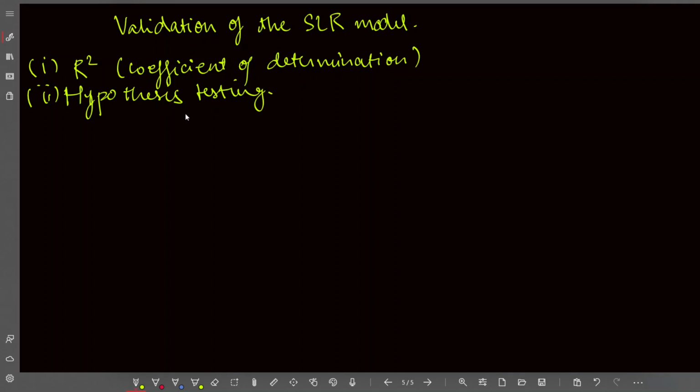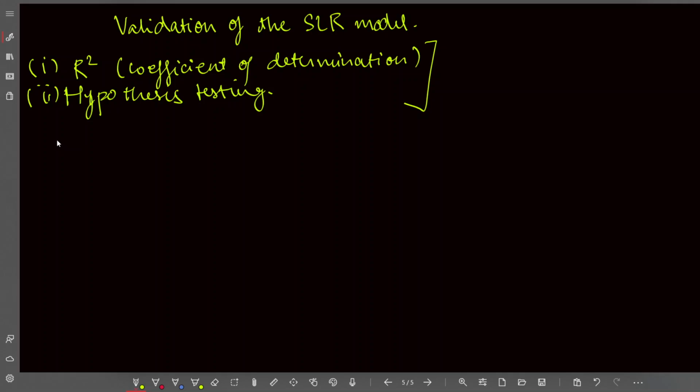And then there is analysis of variance, which is ANOVA, for overall model validity. There's also residual analysis to validate whether the residuals actually follow a normal distribution, because that was one of our assumptions for the linear regression model. So there are lots of techniques to validate the SLR model, which is the simple linear regression model. But in this video, I'll only stick to R square and hypothesis testing.